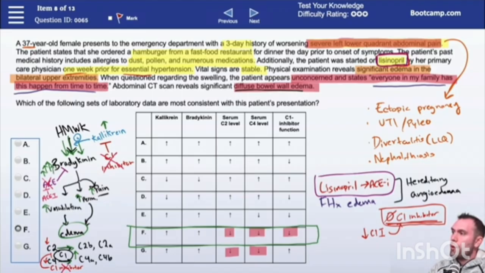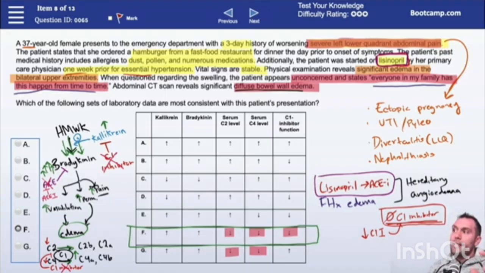I'm going to get more and more of this bradykinin or more functioning bradykinin because I'm now inhibiting this enzyme. This was kind of like the last checkpoint. This patient at baseline probably didn't have a C1 inhibitor, so they already had high levels of bradykinin, but now we added an ACE inhibitor and we actually made that problem even worse.